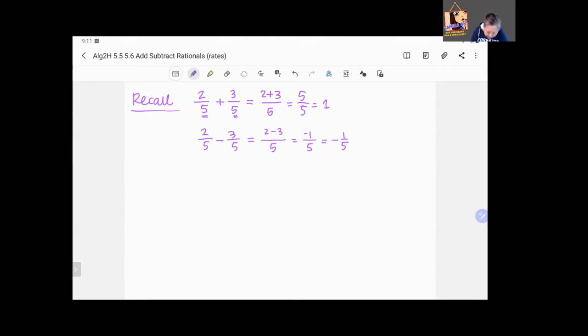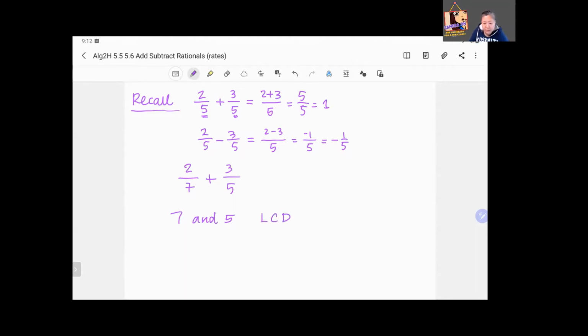So if we have 2 over 7 plus 3 over 5, let's say, then here 7 and 5 are the given denominators. Then we have to come up with the least common denominator.